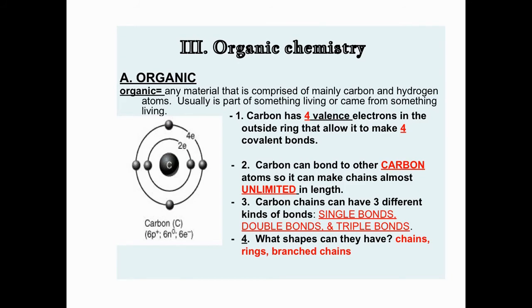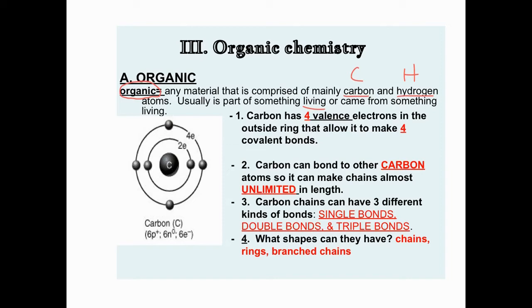All right, so organic. There's several different definitions of organic. If you Googled it right now, you'd probably find 5, 10 different definitions. But this is going to be my definition. Is it 100% the best? I don't know, but this is what we're going to go with. Organic compounds are made mostly of carbon and hydrogen, so C and H, and it usually is part of something living or it came from something that was living.